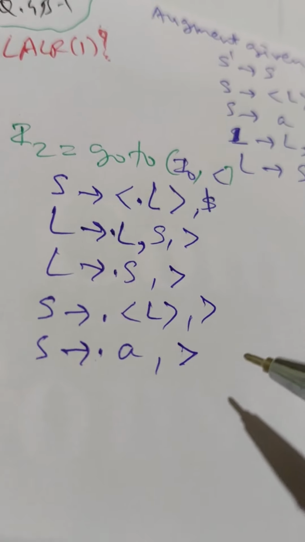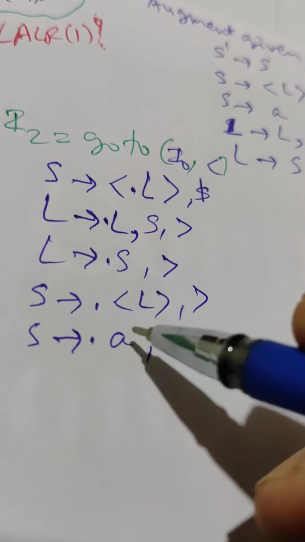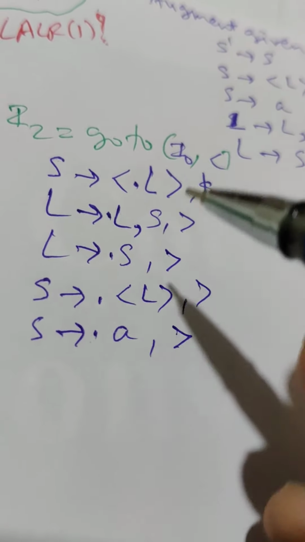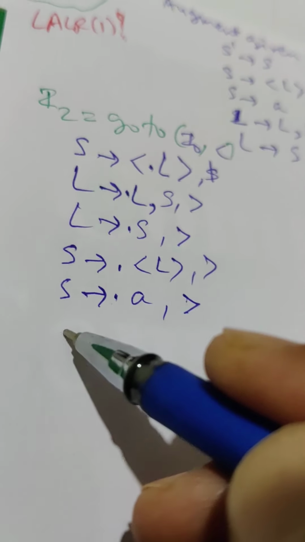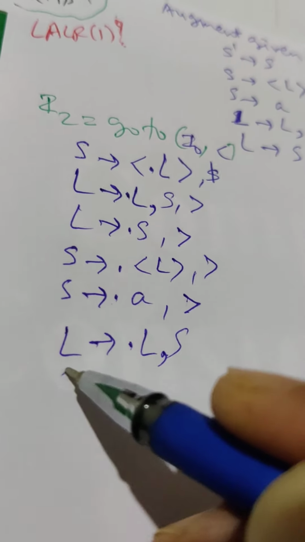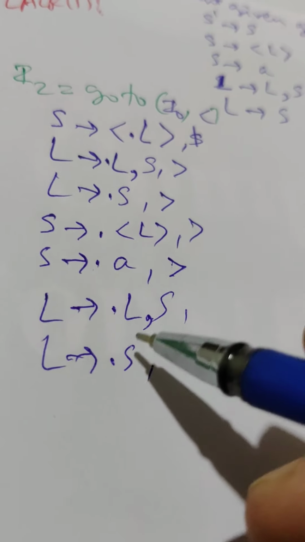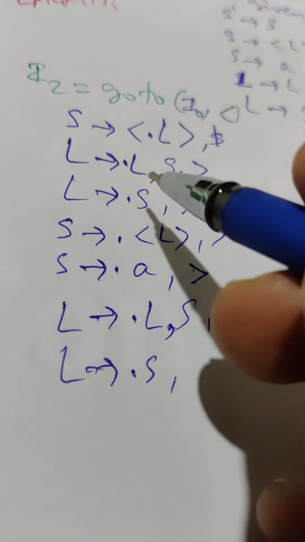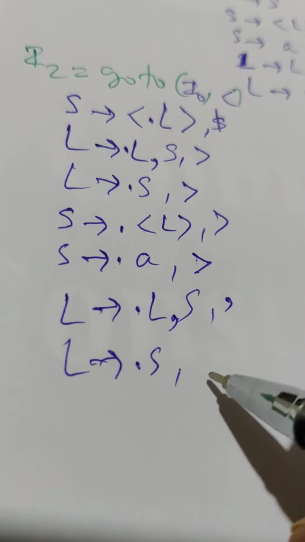Now after this you get your terminal. After this dot again there is an L. If I write the rules for this L here, again L goes to dot L comma S and L goes to dot S. For these two rules the lookahead is because of this L, which is followed by a comma, so you get the lookahead comma here and here also.